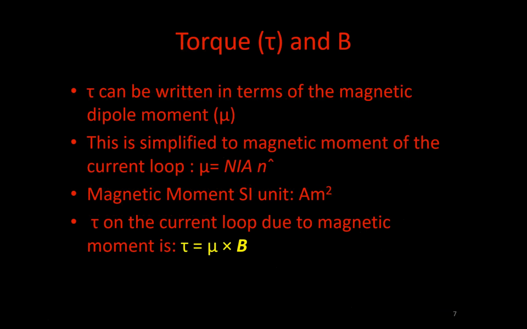So we can write our magnetic dipole moment mu as NIA. That magnetic moment has an SI unit of amp meters squared. So the torque on any current loop due to a magnetic field will be tau. This is the torque. This is mu, NIA, and B. Now, the angle of the loop will vary in the field as it is spun around.